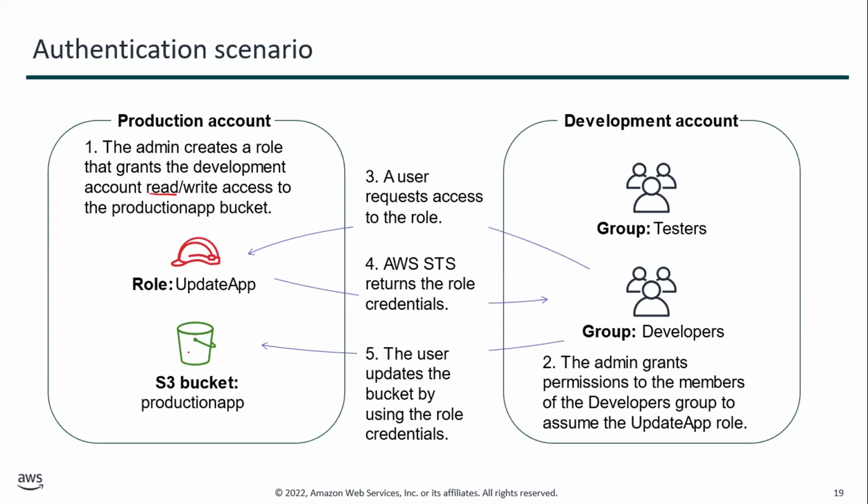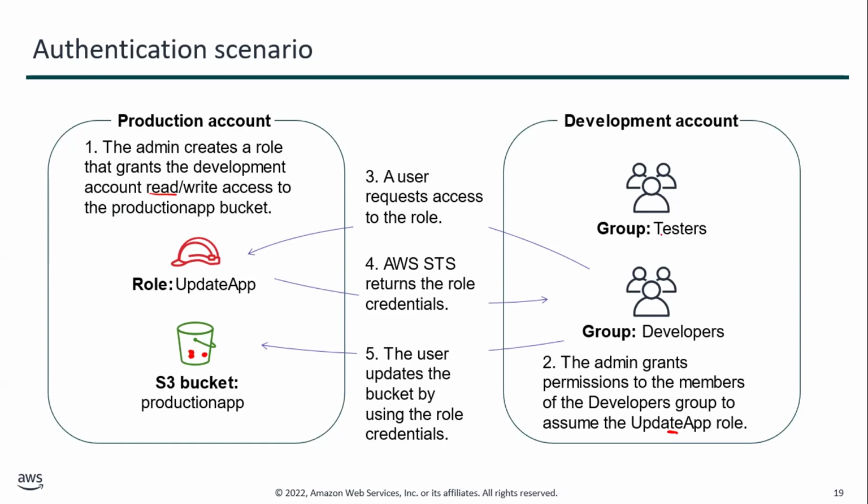Some new things can be added or subtracted from this role, because this role says it is update the app. And second, if the admin has granted some permission to the members of the developer group, and they have assumed this update app role, they can directly access this. They can modify that also. They have full access now.